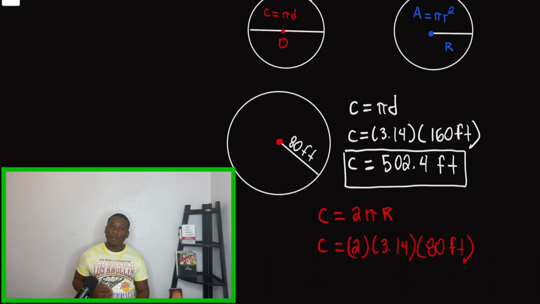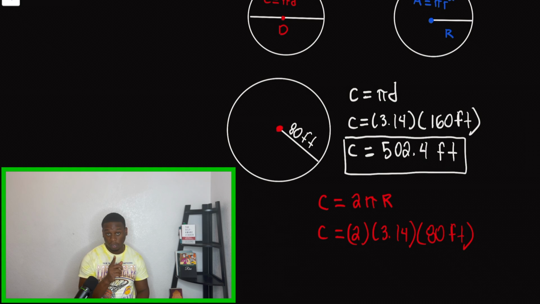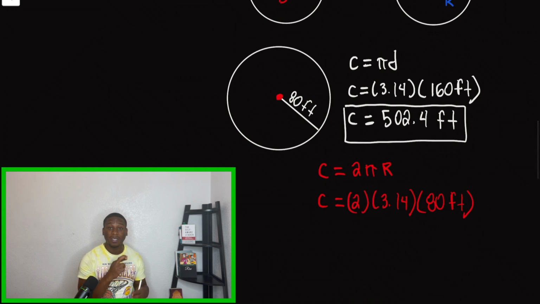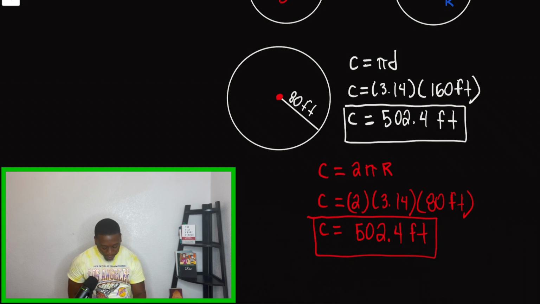So once we multiply 2 times pi times the radius in this problem, we're going to get the same exact answer, guys. So please just understand that these two equations are the same and we will get the same exact answer for the circumference. Now, what I want to do, we're going to talk about area.